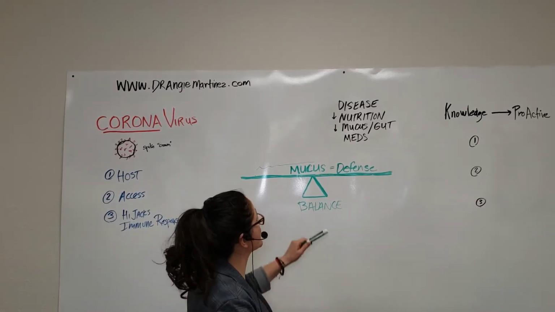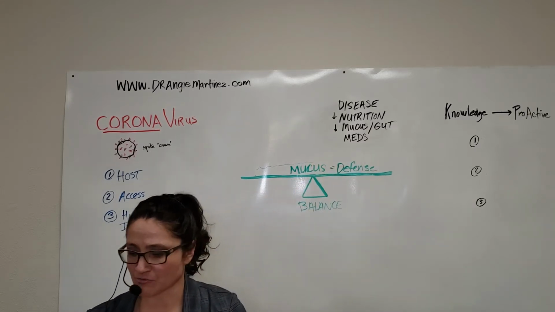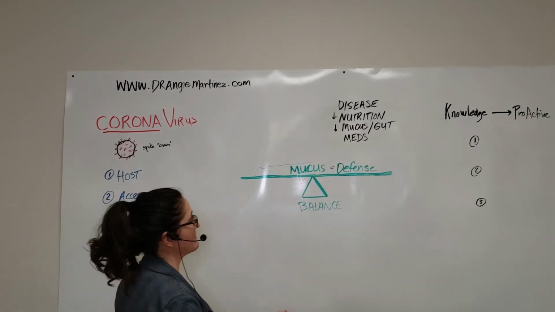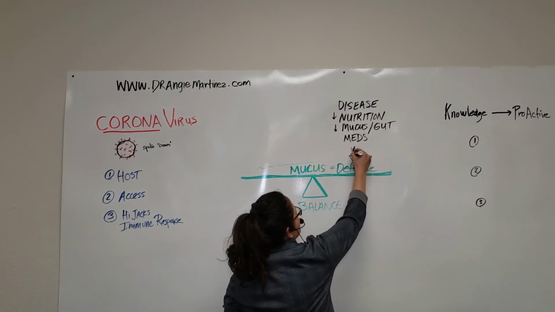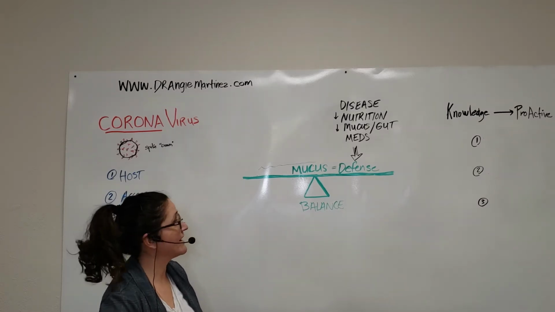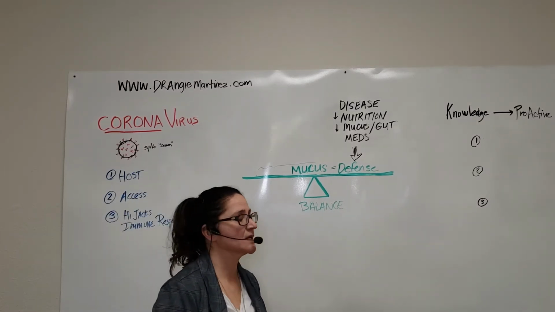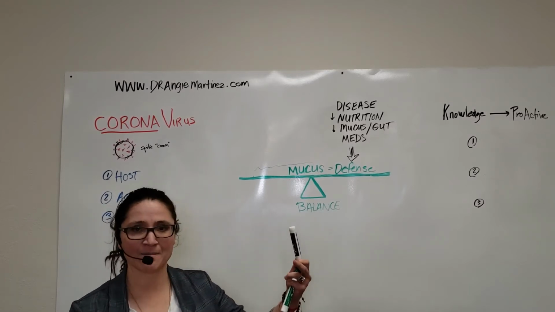And so folks who have these conditions tend to put a lot of stress on their inflammation because they don't have very good mucosal support. If you have less mucosal support, you have a lot of stress on your immune system, and you tend to stay out of balance.